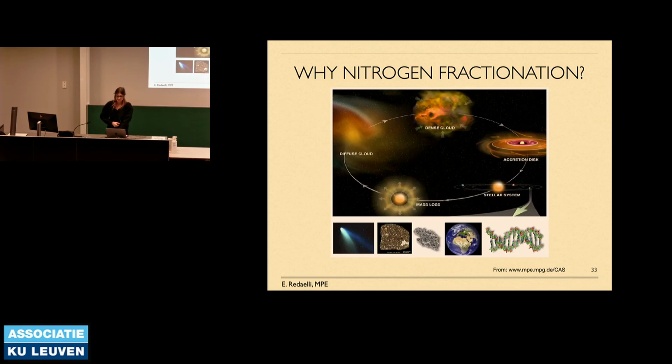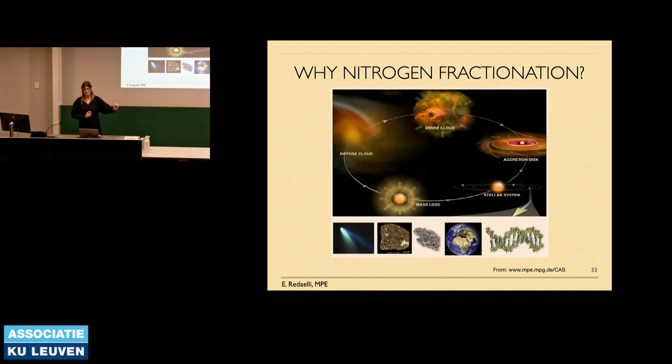So the idea here is that with fractionation, with isotope ratios in molecules, we can sort of follow this process, the same picture we saw before, in the sense that we can try to establish a link between the material that we see in present-day forming stellar systems and the pre-stellar sources from where they were born, okay? This is the general scheme.